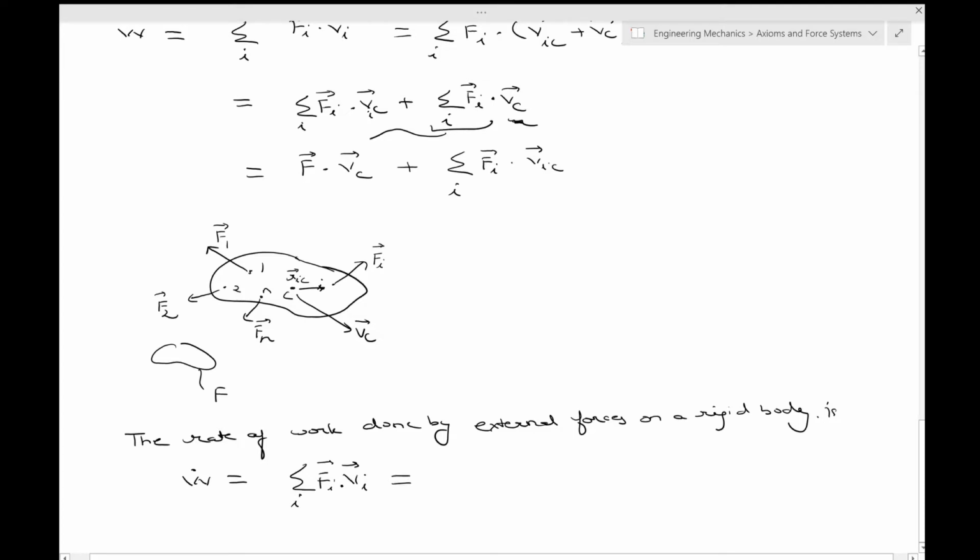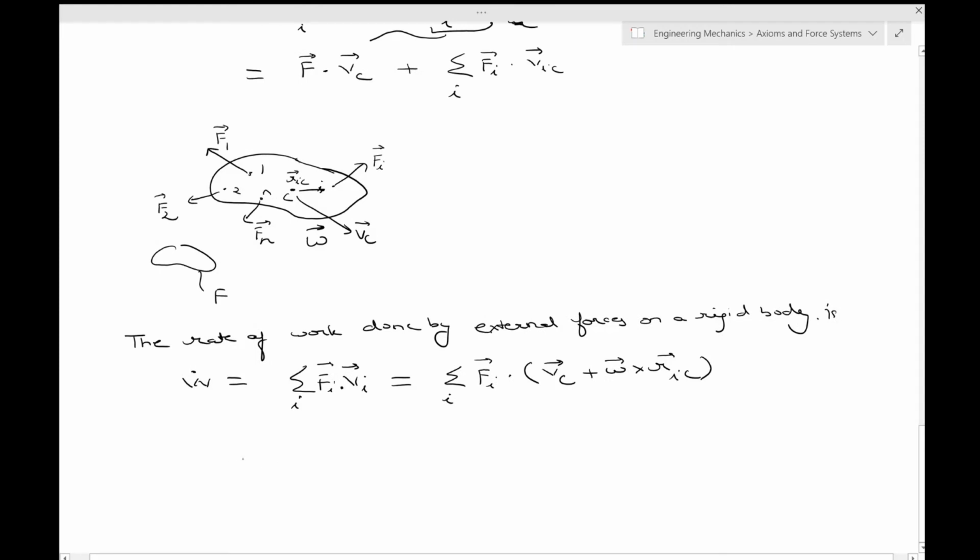Now if there is a rotation of this body, okay, with the omega obviously with respect to F, okay, so the velocity of the ith point then can be written as the velocity of the center of mass plus omega cross RIC. Okay, so omega is the angular velocity of rotation of this body.